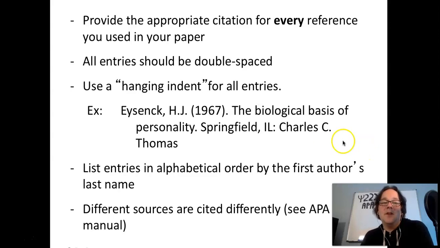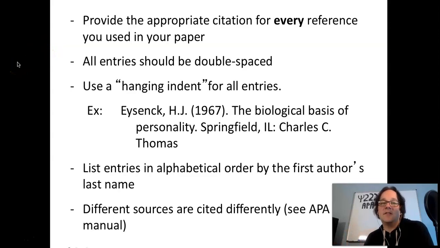So what does that mean? Well, it means that the first line of your reference is left justified, and we indent every other line that comes after it. So this would be an example here of a hanging indent, right?